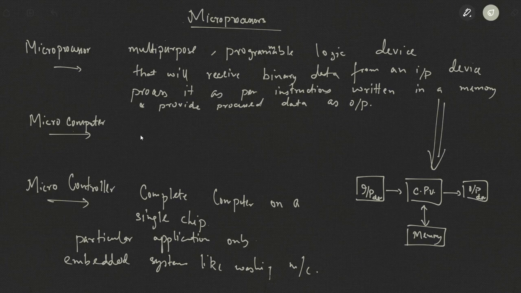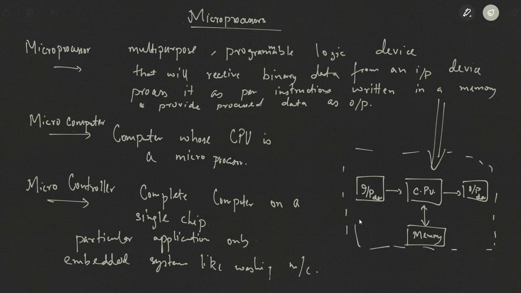A microcomputer, on the other hand, is simply a computer whose CPU is a microprocessor. So this block diagram we have drawn, this whole block diagram is actually a microcomputer. This CPU in it is a microprocessor.